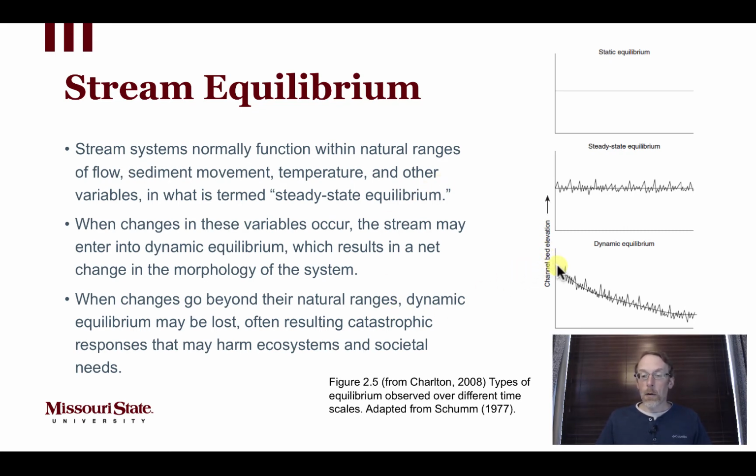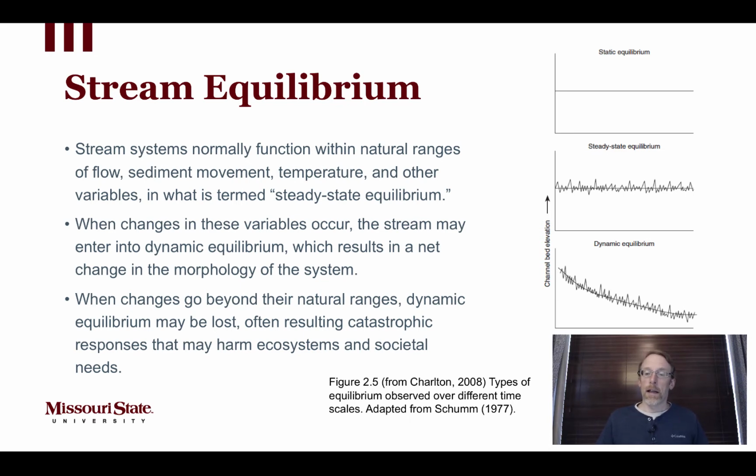Now, a dynamic equilibrium is where we do have a net change through time, over years or decades or centuries. Maybe the stream isn't sizing, it's downcutting because sea levels changed. This happens during the glacial periods. A lot of the water in the ocean gets tied up in these big glaciers on the landscape. As a result, sea level drops and the streams try to erode down to that new base level.